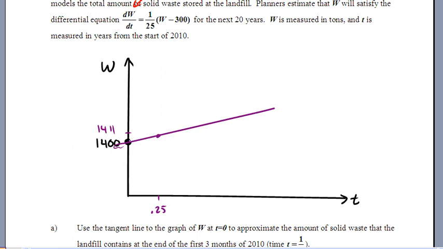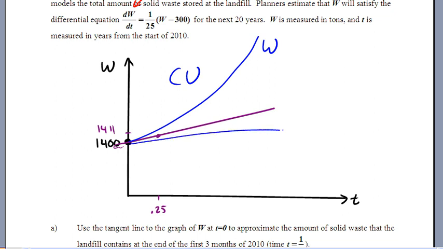If the true graph is bending up like this, if it's concave up, then the purple line is too low. But if the graph in reality is like this, and if it's concave down for W, then the purple graph is too high.